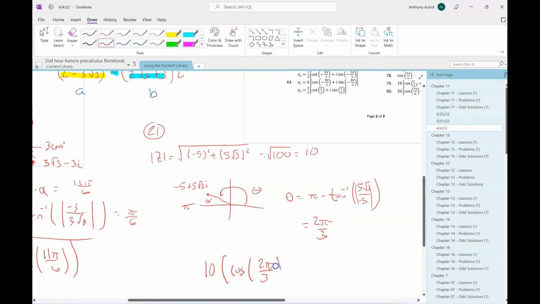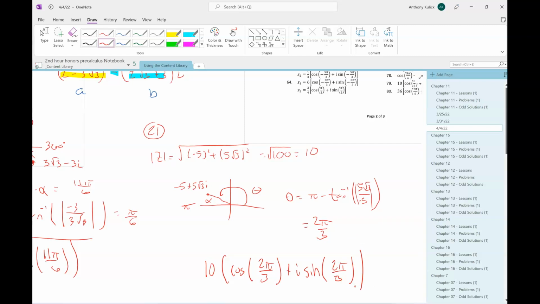It's just me trying to do this unit circle stuff without my unit circle. Is that okay, Anise? I went 5 on the x and 5 root 3 on the y. So I just need to know really what quadrant it's in. I don't really need to know exactly where it's at.